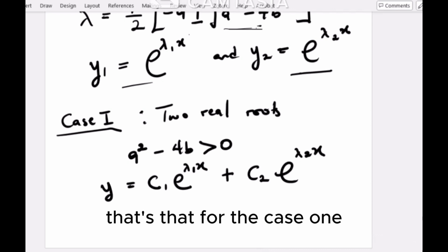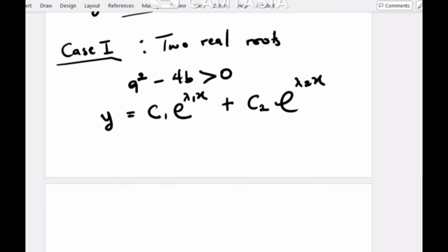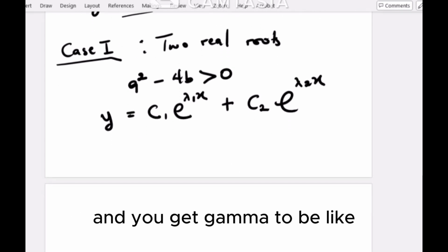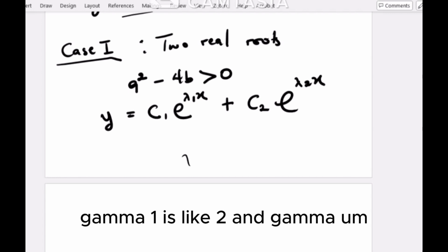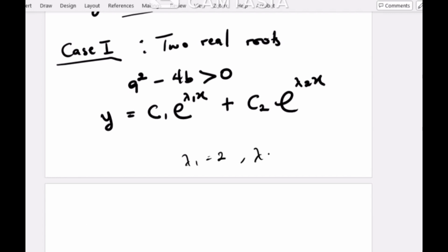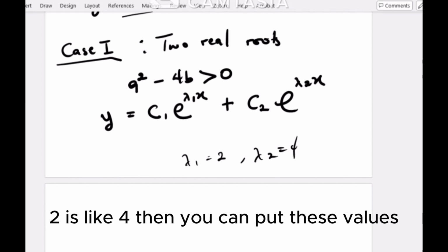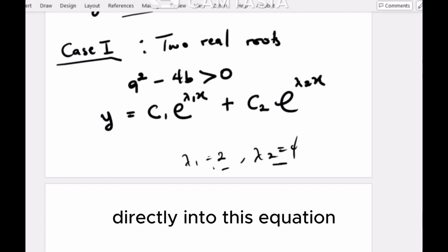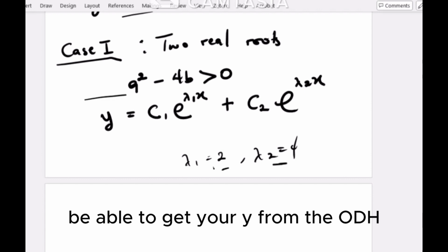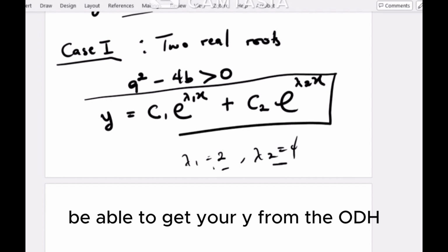That's that for case one, when you have real roots. Let's say you get gamma 1 to be 2 and gamma 2 to be 4. Then you can put these values directly into this equation, and you'll be able to get your y from the ODE.